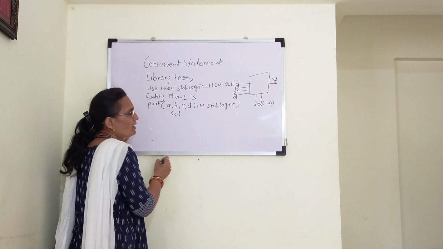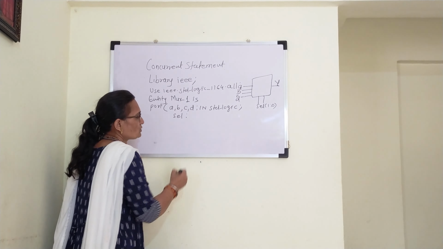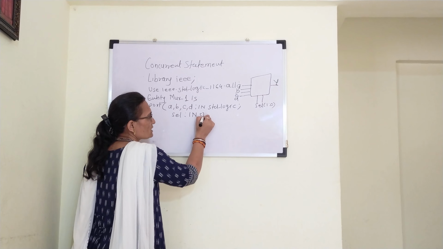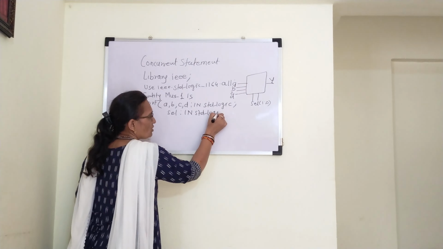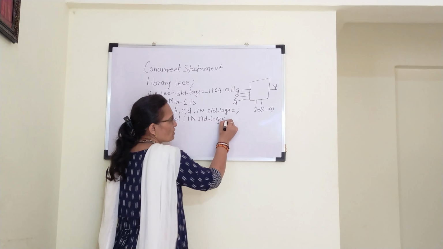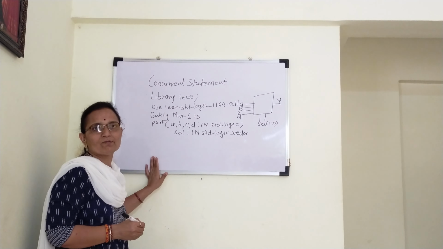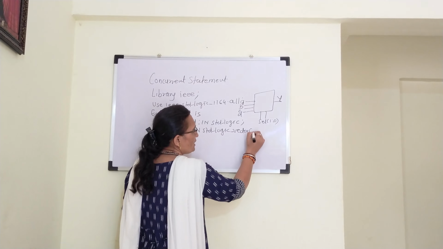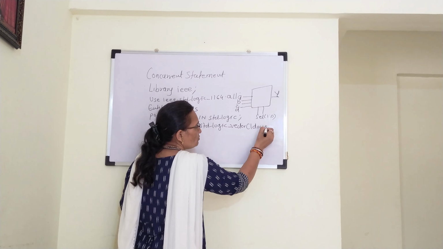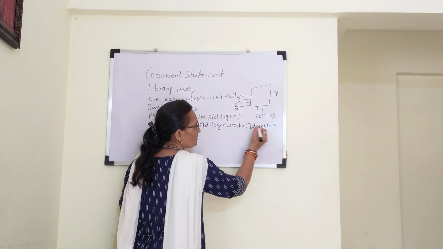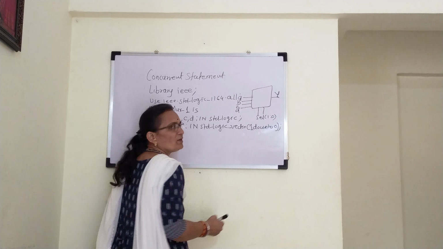I will write here sel. These are 2 select lines, so these are also inputs. Here I am writing std_logic_vector. Logic vector means with the help of this vector I can use only a single variable to specify multiple values. So here it is 1 down to 0, and give the semicolon.